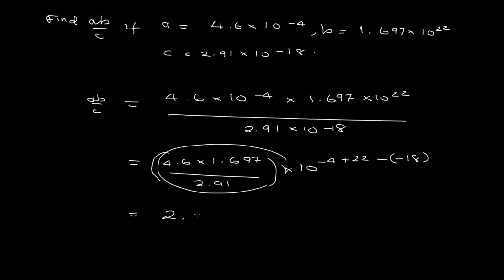So here the group of decimal numbers gives us 2.7. And then the powers of 10 give us that total there, which is 4 plus 22 plus 18, or 40 minus 4, depending on how you see that pattern.